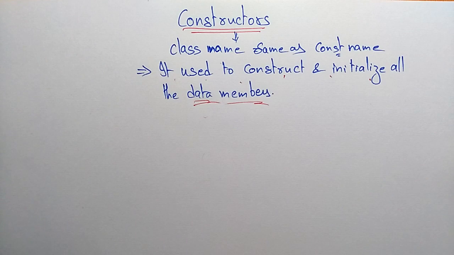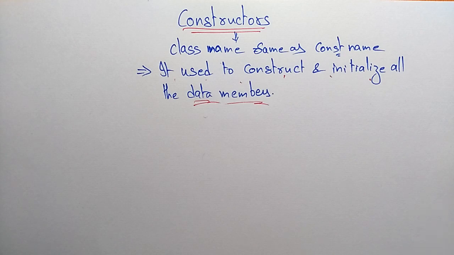So whatever you are using in the program, the data members that you are constructing, meaning you are declaring and initializing, that is why you call it a constructor. The constructor name, that is a function name, is the same as the class name. That is the speciality of constructors.